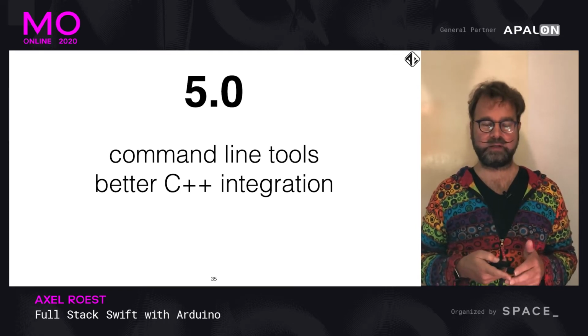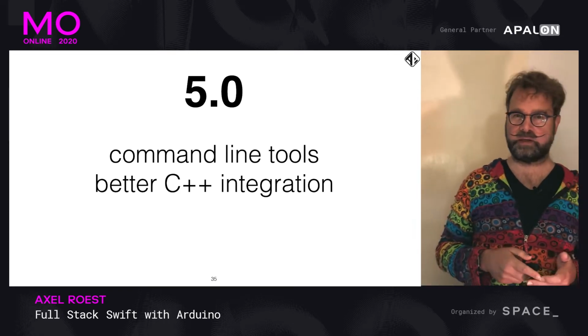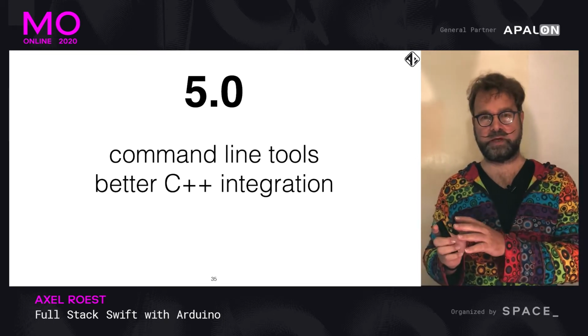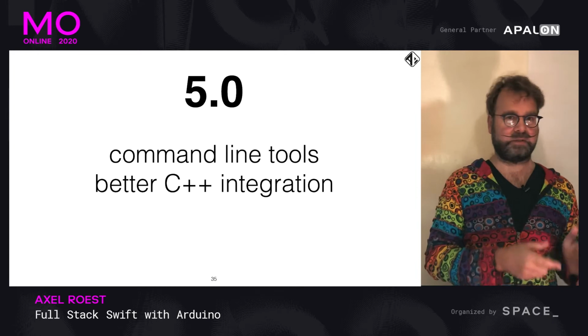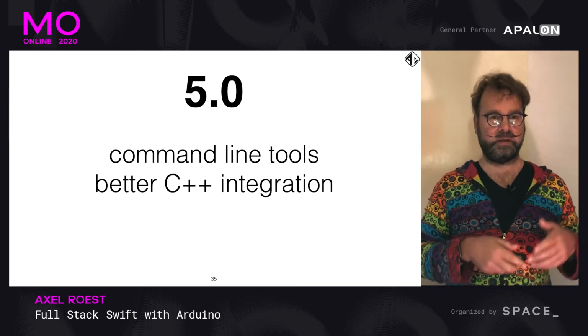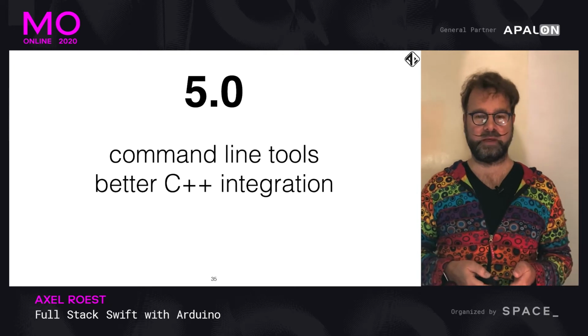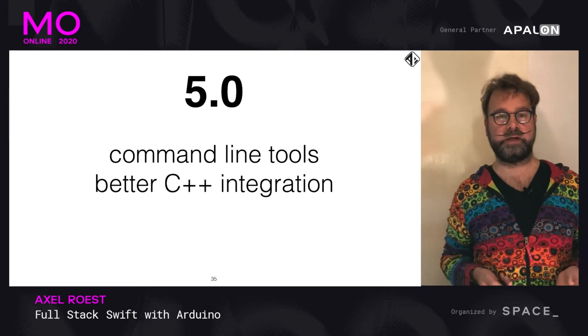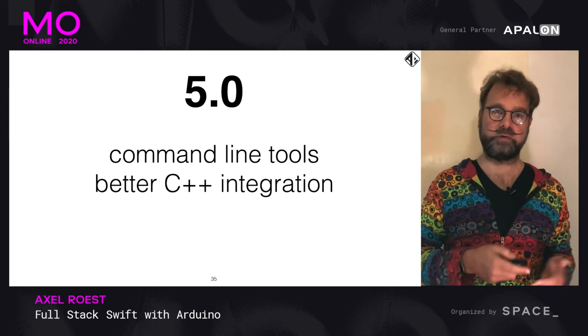And we try to have better C++ integration, and our goal is that you can use a standard Arduino C++ library, drag and drop it, and then it will create a Swift encapsulation of that library. So it's really easy to use the huge amount of libraries that are out there for the original Arduino.